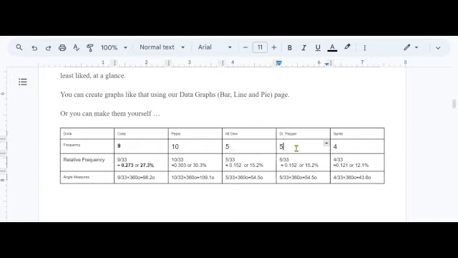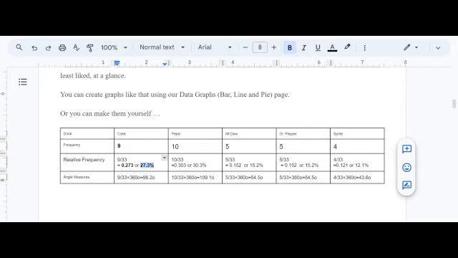Dr Pepper 5, and Sprite 4. How can I get the relative frequency? Yes, you sum all of them up, okay? And then you divide by each category, each type of drink. So here it is going to be 9 over 33. That gives you about 27%.